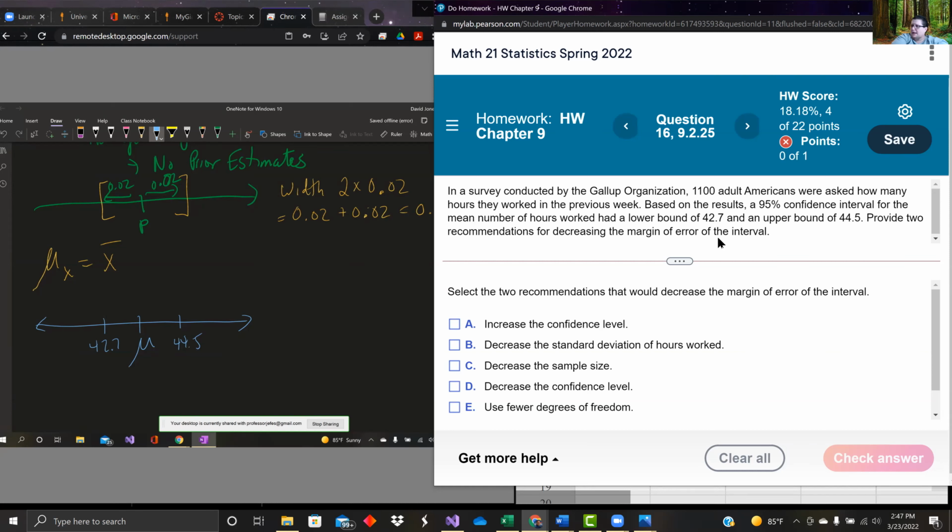Now this margin of error, remember the margin of error is related to that bell curve. And so a 95% confidence interval is at like that plus or minus 1.96 deviations. 2 when you use the empirical rule, but 1.96 when we start doing real calculations.